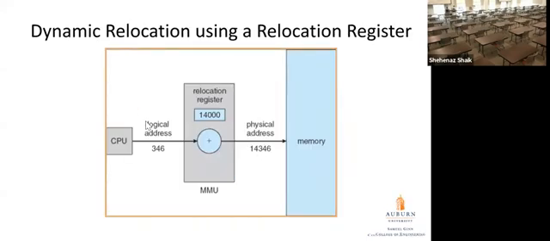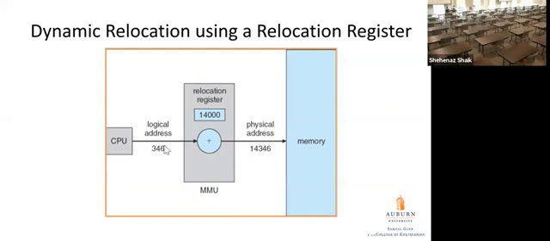And as part of this conversion, one simple solution is for the memory management unit to use what we call the relocation register. What the relocation register gives is the starting address where the process is currently loaded. As we have seen earlier, the logical addresses of a particular process start at the address 0.